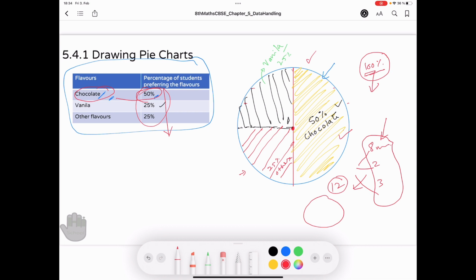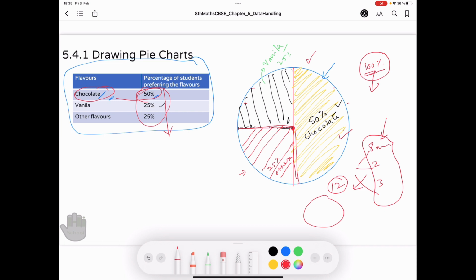But these percentages at times may not be as simple as 50%. They can be like 40%, 35%, and something like this. In such cases, in order to accurately draw the exact segment in a circle, we would need a specific angle, right?